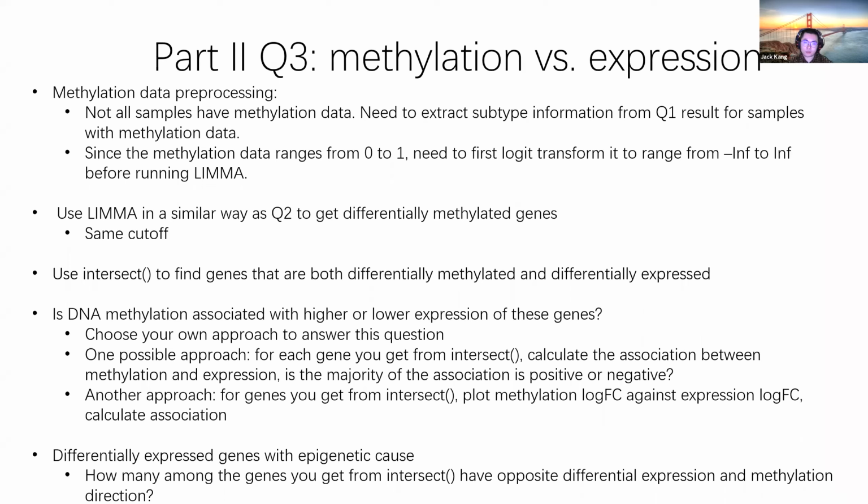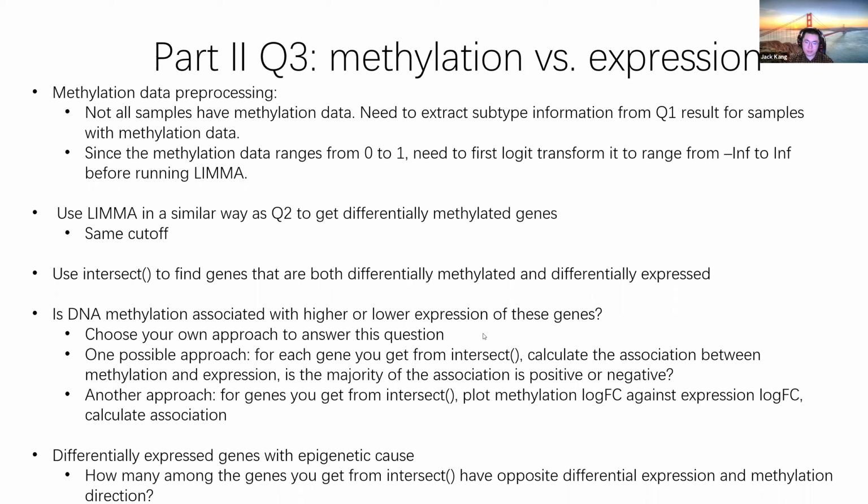And then you just use limma as in question 2 to get differentially methylated genes with the same cutoff. And then the question asks you how many genes are both differentially methylated and differentially expressed. And you just use this function intersect to get the result.